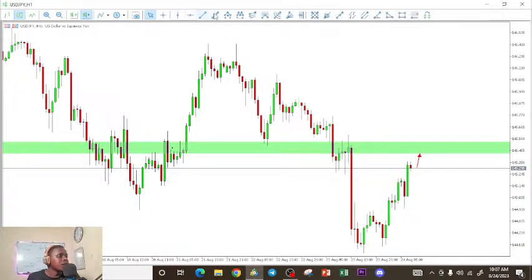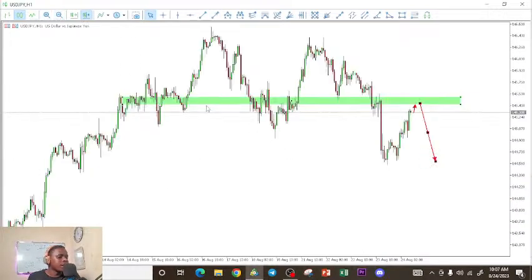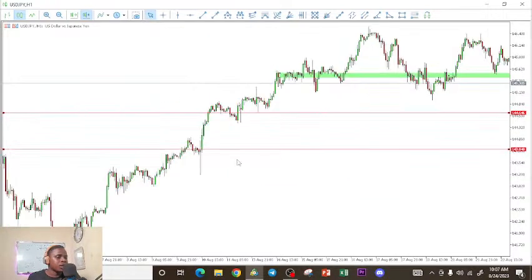After we see that, we are likely to see the market dropping back to either this zone, or else if we zoom out, we might get the market coming into this zone right here and into this zone right here.